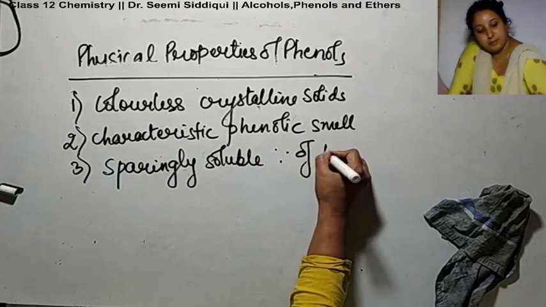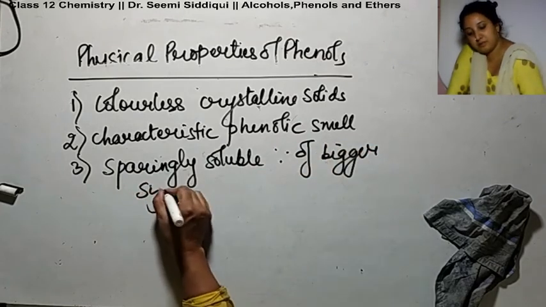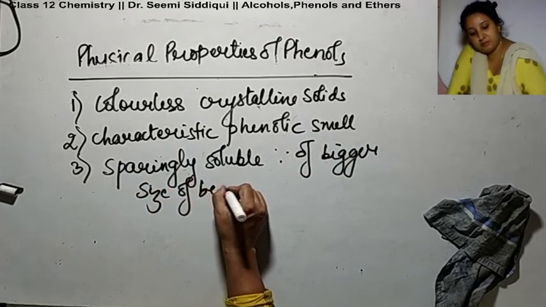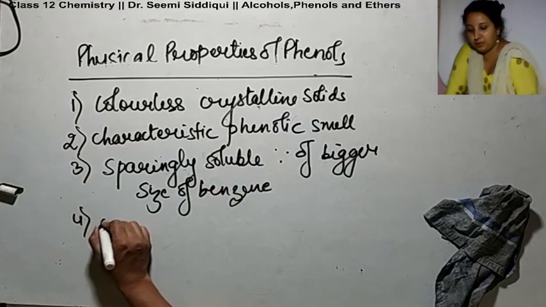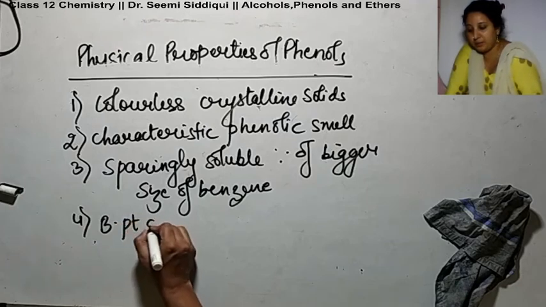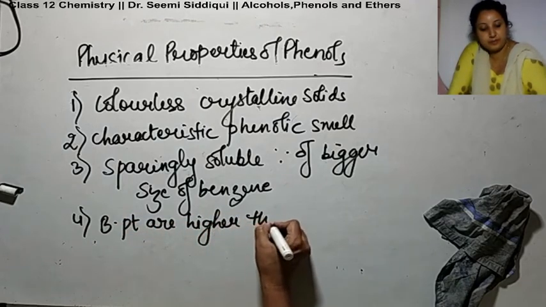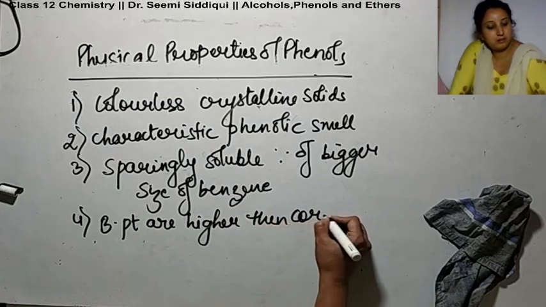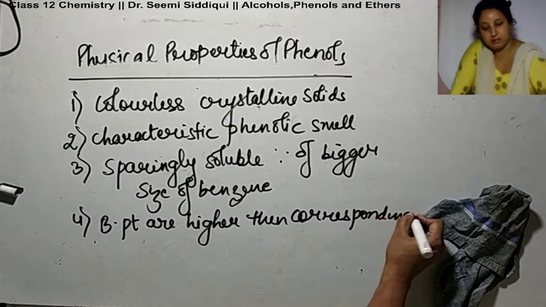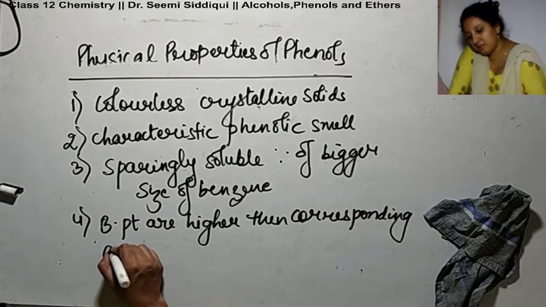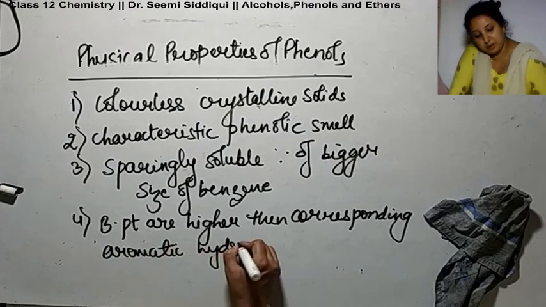Because of the bigger size of benzene. And the fourth is boiling points are higher than the corresponding aromatic hydrocarbons.